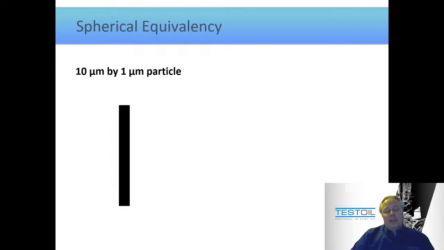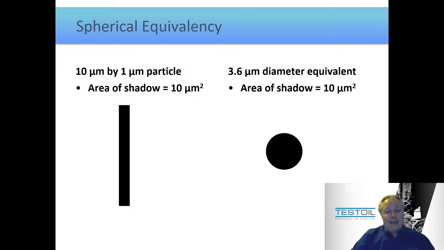So to give you a quick example, if you had a 1 by 10 micron particle go by, it would of course cast a 10 square micron shadow. That's easy math. But then the question becomes, how big of a circle would create 10 square microns in area? And to save you scratching your head too long at that math, because it's not math you typically do in your head, it's about 3.6 microns.